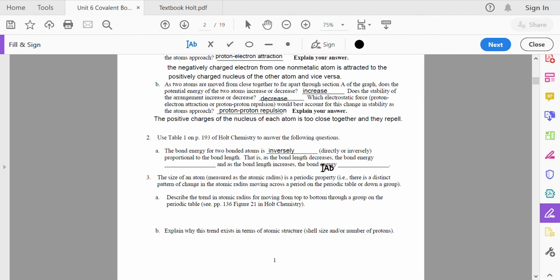What that means is as the bond length decreases, the bond energy increases. As the bond length gets smaller between the two atoms, the bond energy increases. And as the bond length increases, the bond energy decreases.